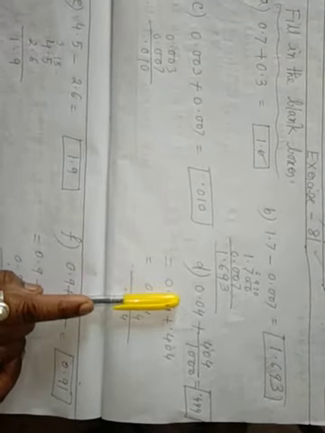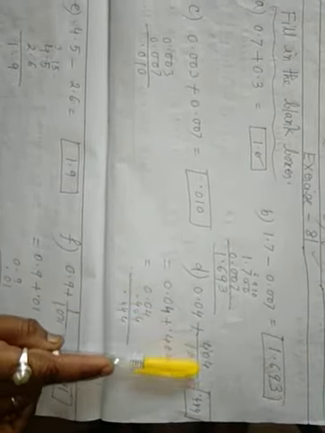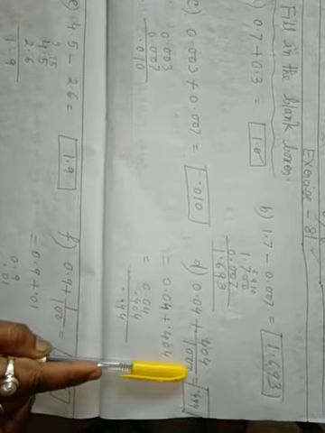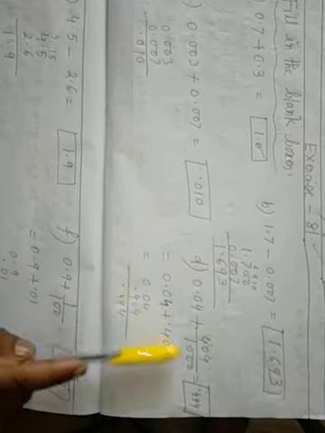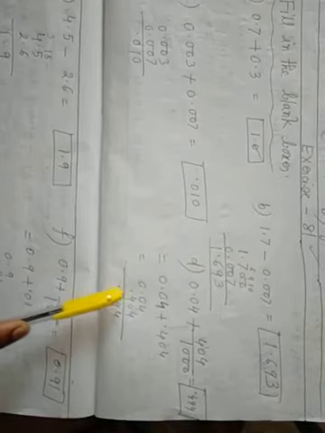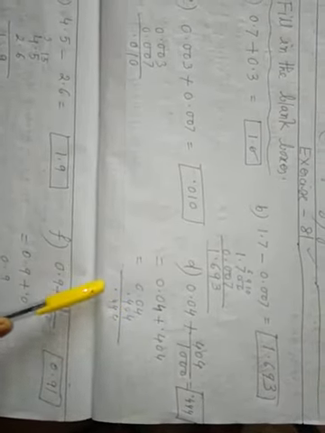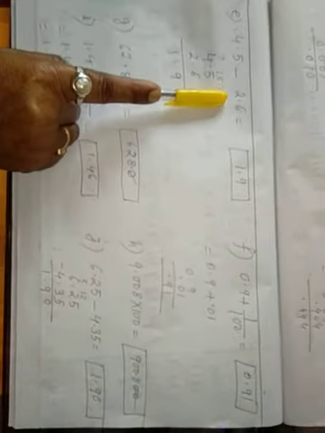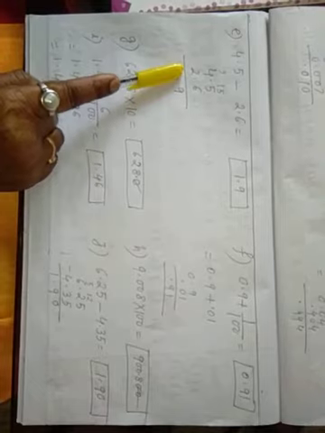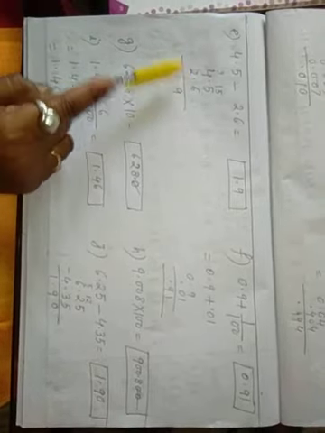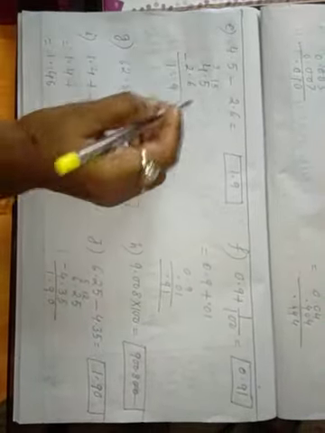D, 0.04 plus 404 by 1000, that is 0.404, so 0.04 plus 0.404 is 0.444, answer. E, 4.5 minus 2.6, that is 1.9.